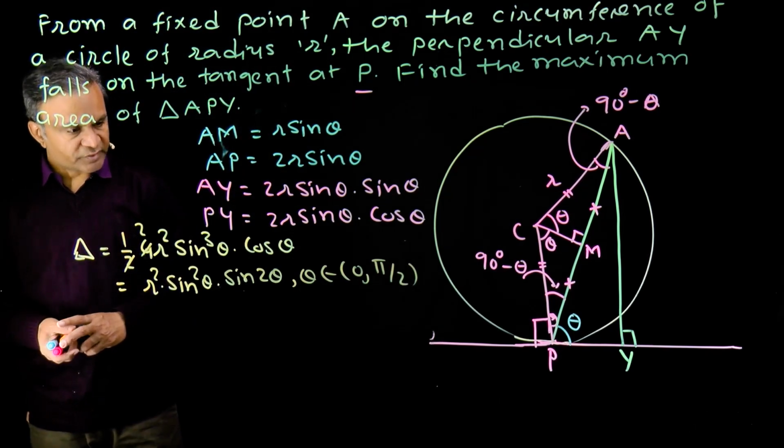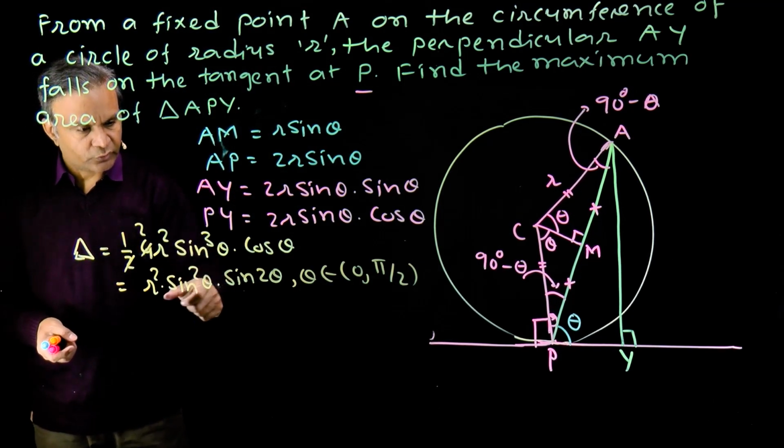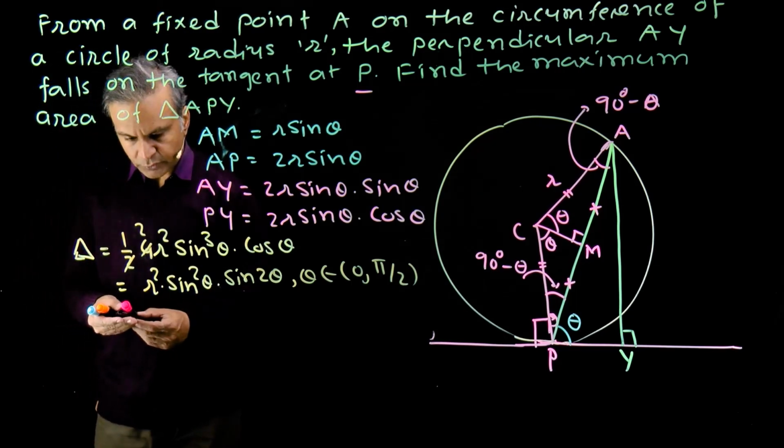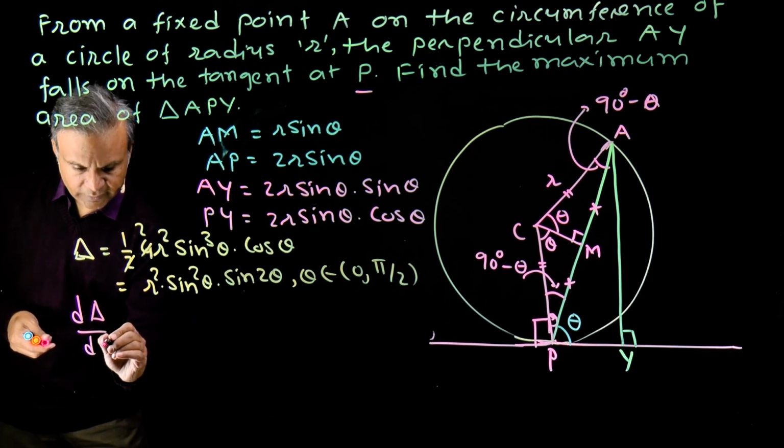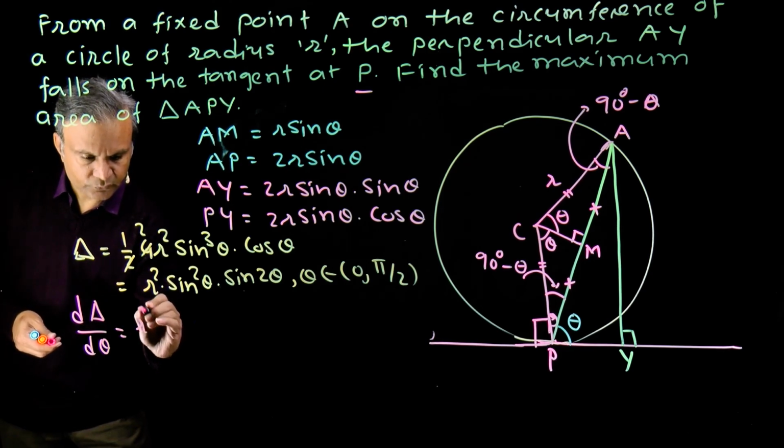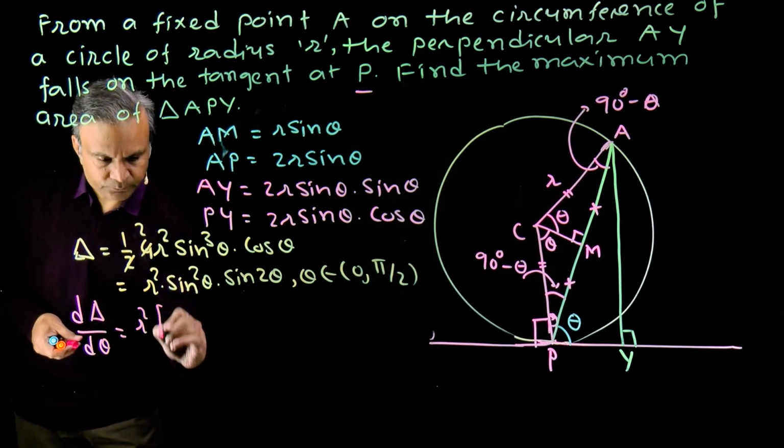Now for maximum we differentiate this with respect to theta and compare the derivative to 0. So we differentiate, we get d delta by d theta is equal to, differentiate करते हैं क्या होगा इसका डेरिवेटिव.